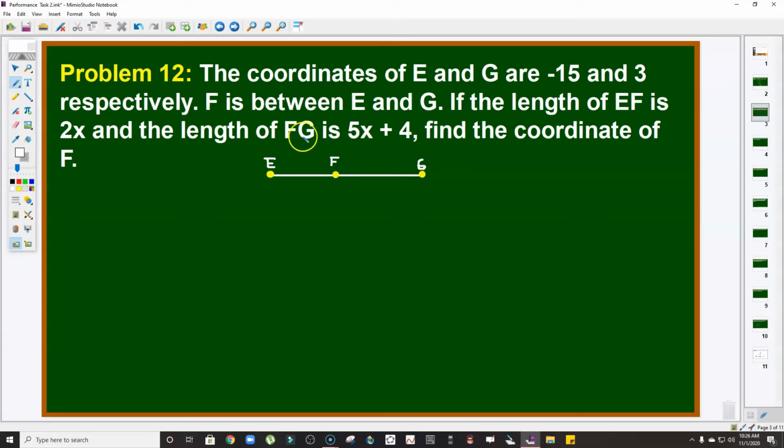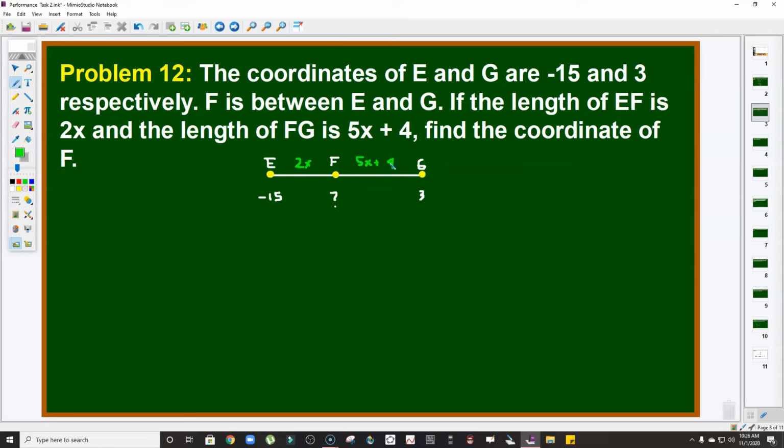Now, the coordinate of E is negative 15, while the coordinate of G is 3. The question is, what's the coordinate of F? Now, it says in the problem, EF is 2x, while the length of FG is 5x plus 4.